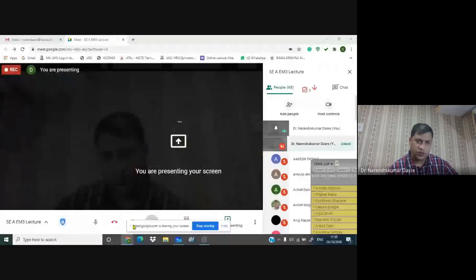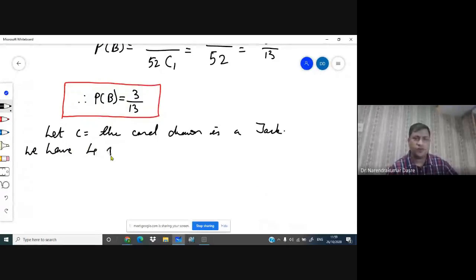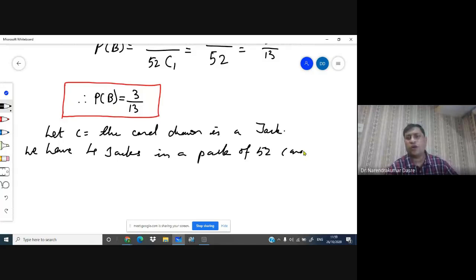Once we have these 4 jacks, we have to choose 1 jack out of the 4. So we have 4 jacks in a pack of 52 cards.